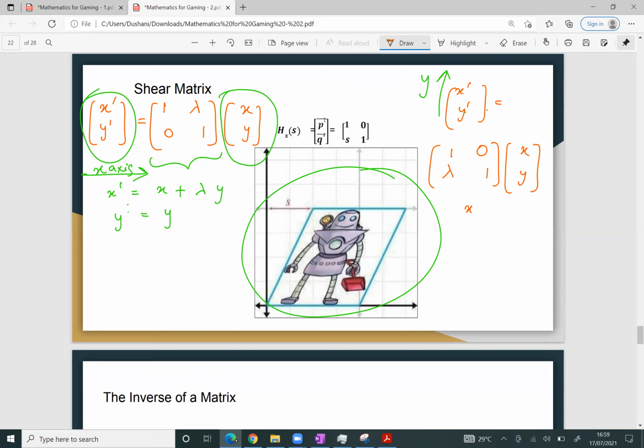So here the x coordinate does not change, it is x. The y coordinate changes to y plus lambda x. This lambda is your shear element.